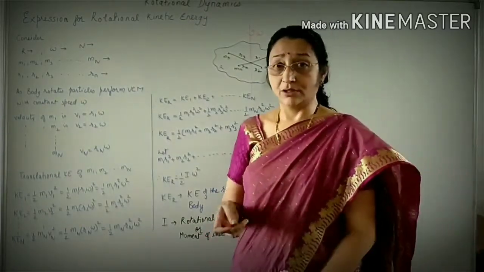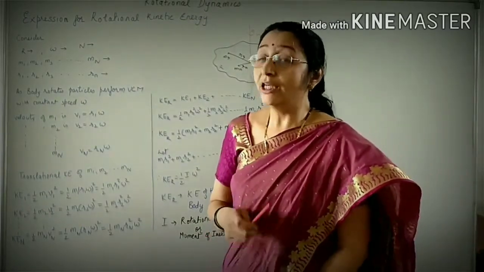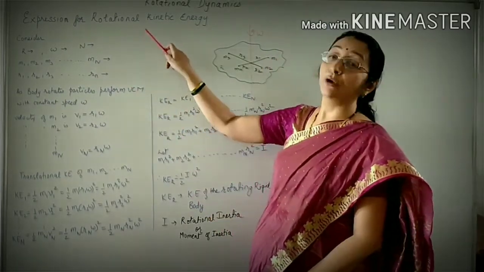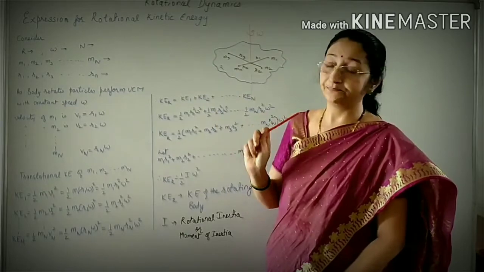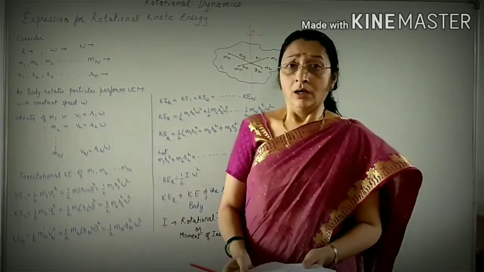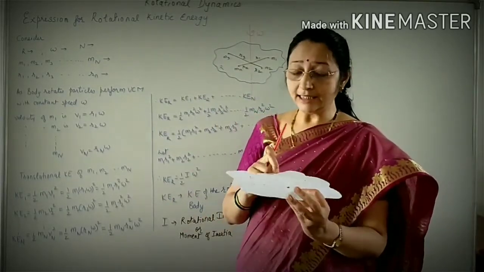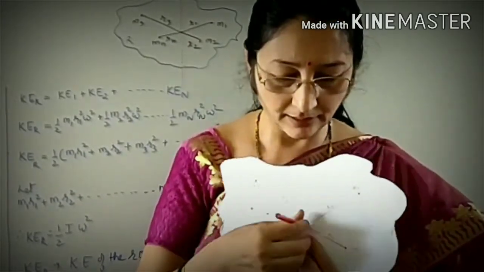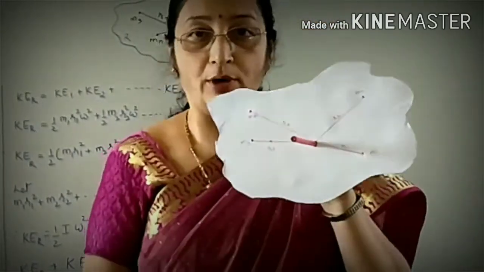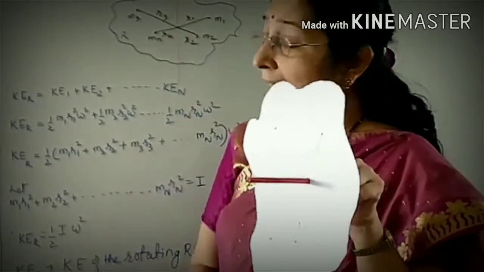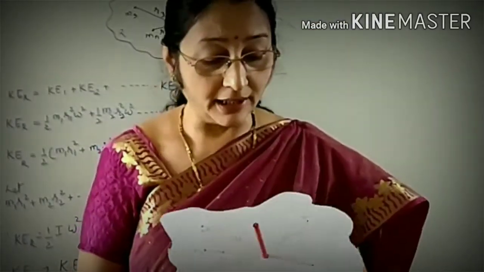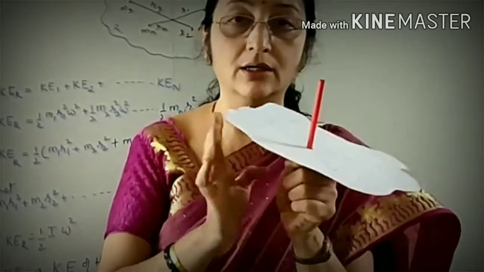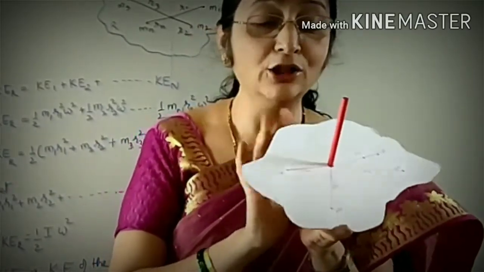Now in this chapter we are going to discuss the expression for the rotational kinetic energy. Now consider this is a rigid body, and this rigid body is rotating about this particular axis of rotation with angular velocity.